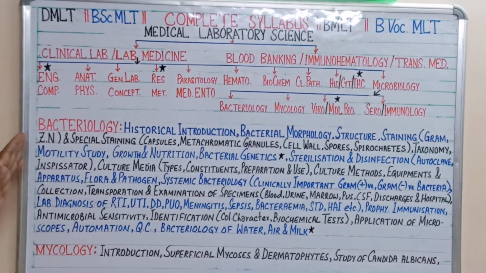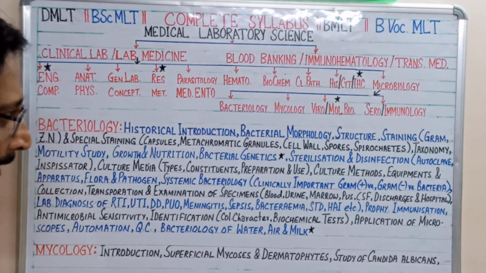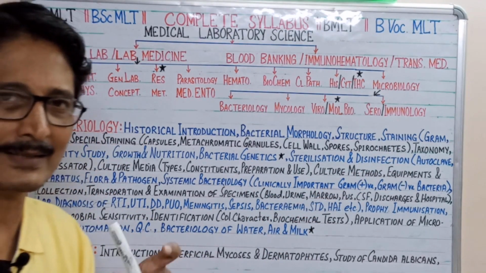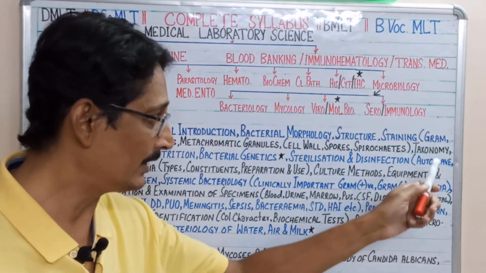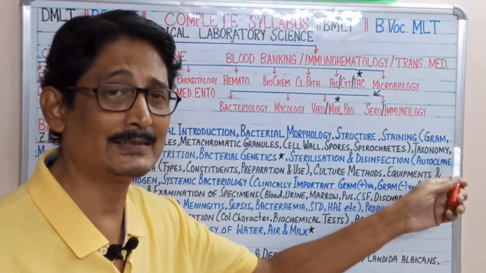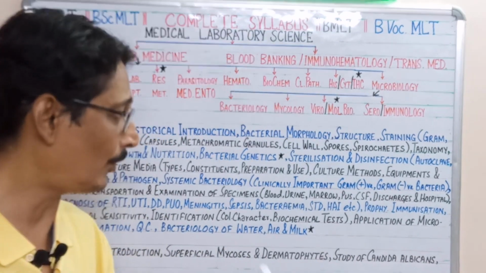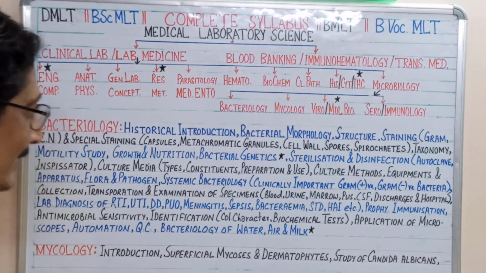Now in the bacteriology section, we have to study the historical introduction, as bacteriology has a great history, and bacterial morphology, that is mainly the structures, and the staining characters, that is, how to color a bacteria. Here we mainly use one stain, the Gram stain, and according to the Gram stain we also distinguish and classify the bacteria.